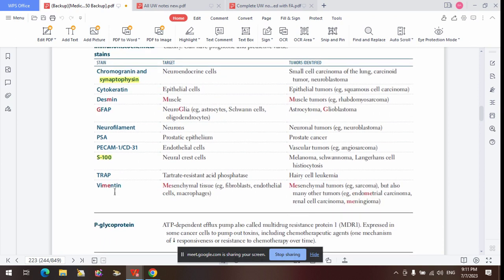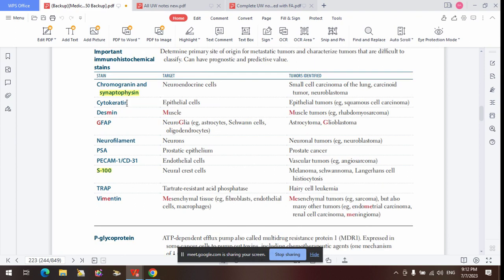So we have chromogranin and synaptophysin. Chromogranin and synaptophysin can be expressed in some of those tumors, particularly neuroendocrine tumors. When we combine these two together, we can specifically make a diagnosis of small cell carcinoma of the lung, carcinoid tumor, as well as neuroblastoma, just like the NSC we talked about. The reason we combine them is that both of them can be elevated in separate cancers.